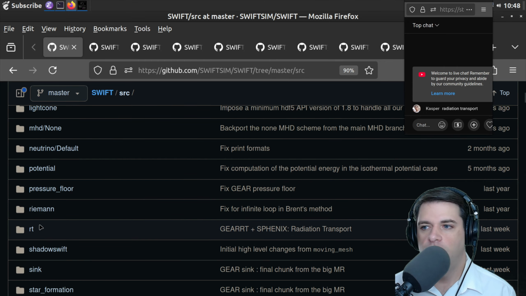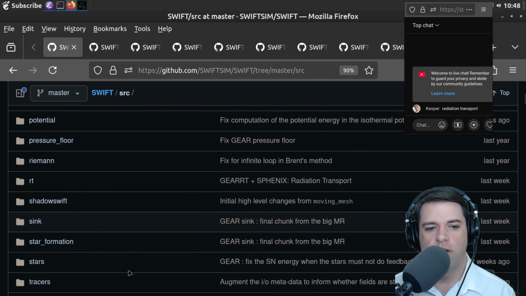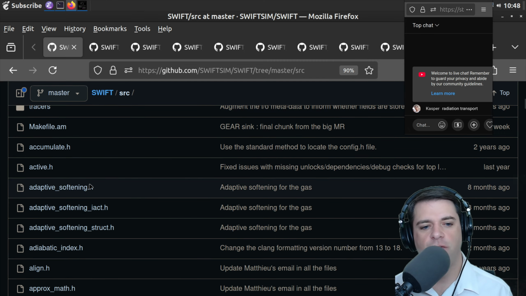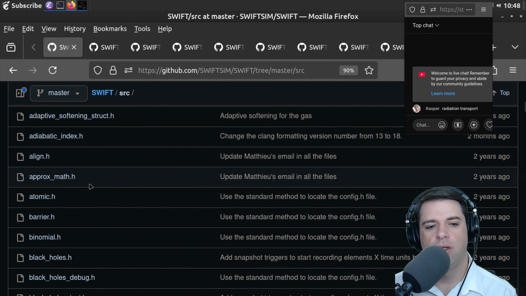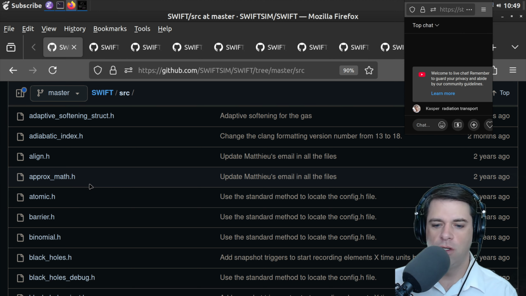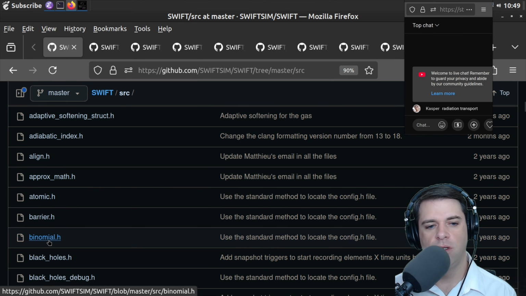Okay, radiation transport. That probably is somewhat interesting. Stars, tracers, and then we have a few files like headers and whatnot in the main folder, including the black holes header. In fact, these might just all be headers. They might have structured their includes so that the headers are in the main folder as opposed to a separate include folder.